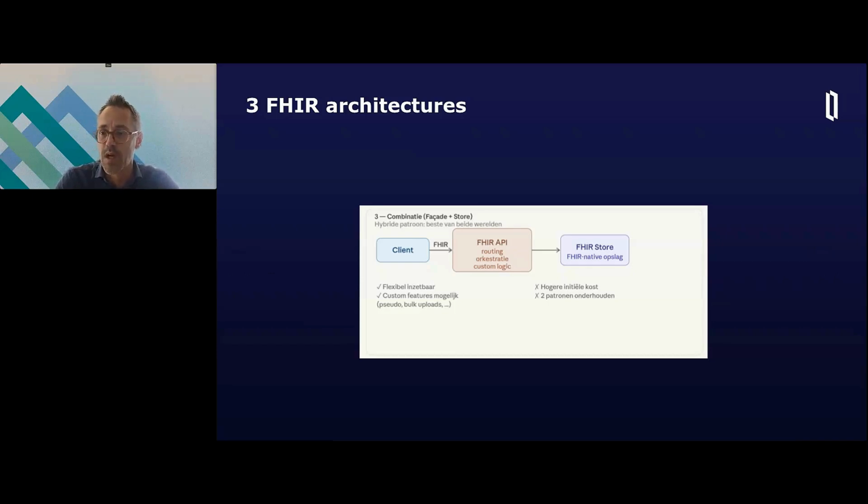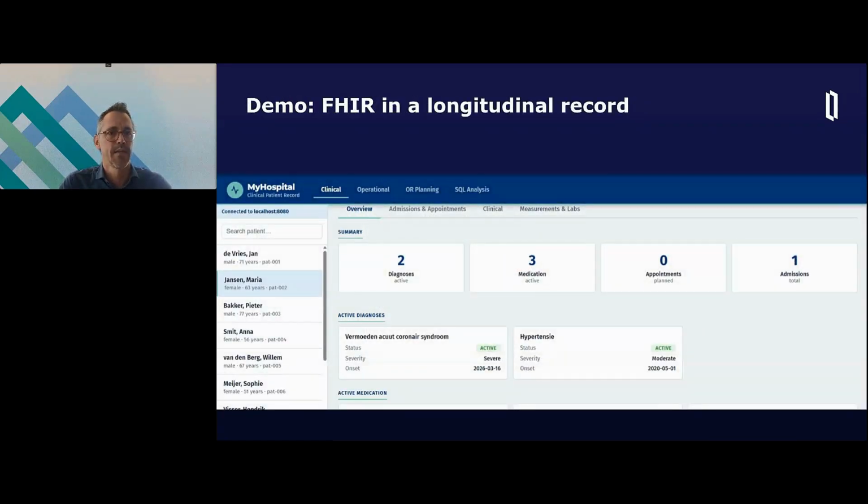If you want to expose your FHIR repo also for R&D, there might be some pseudonymization steps that you can all put into an intermediate layer, the façade layer, which contains the custom logic, and in the end, you still use the FHIR repo to store all data. So let me go to a demo to make it a bit more tangible.